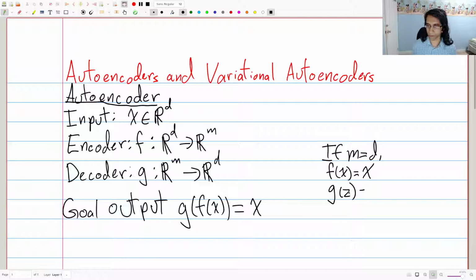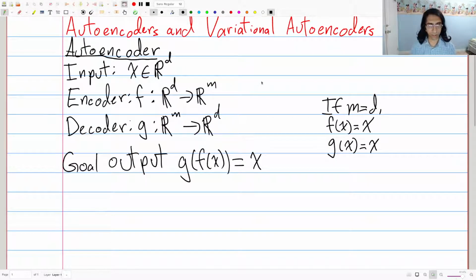We'll just do the same, g of x be equal to x. And so these are basically just the identity, and then we're done, because you just apply them both and it'll leave you back where you started. Now, of course, this is not interesting. The interesting case comes up when you have that m is much less than d.